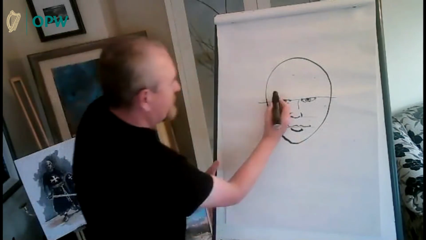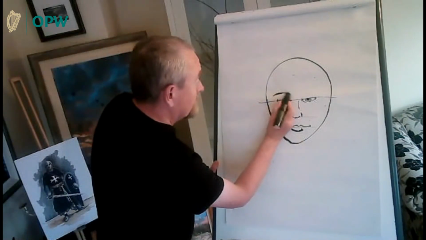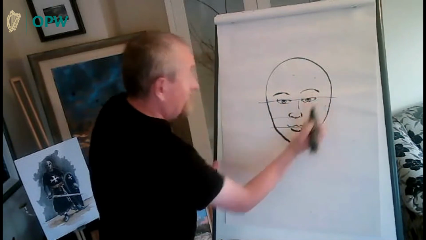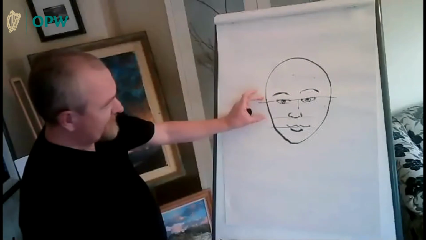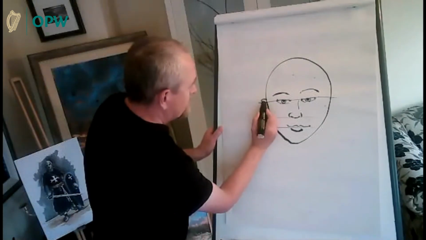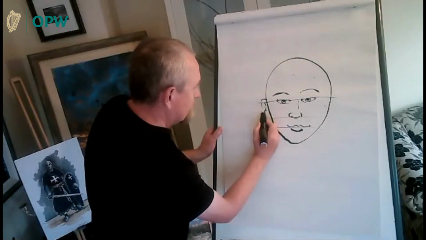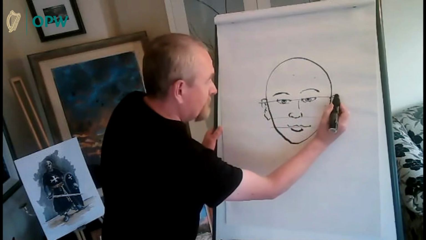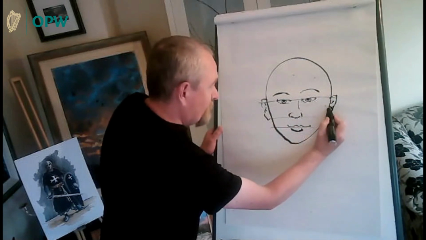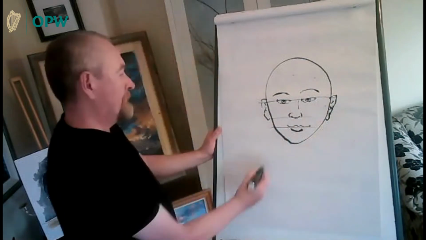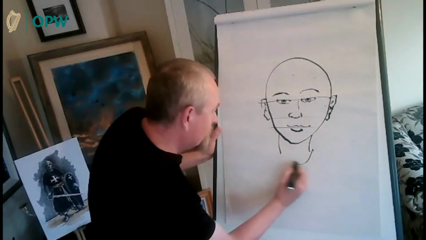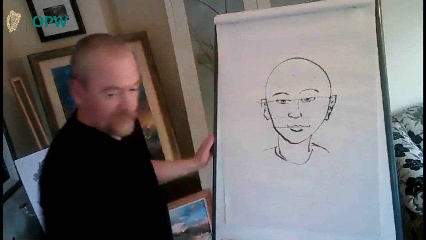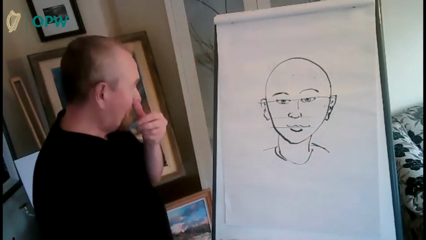So then if we add some eyebrows, and the ears in this space are going to be roughly there, maybe a little bit above. So there we go. We have a rough representation of a human head.